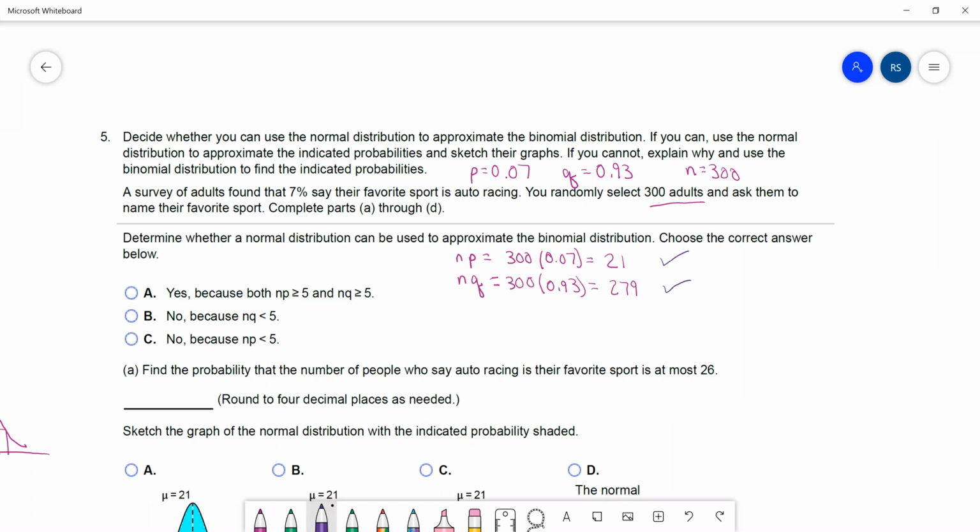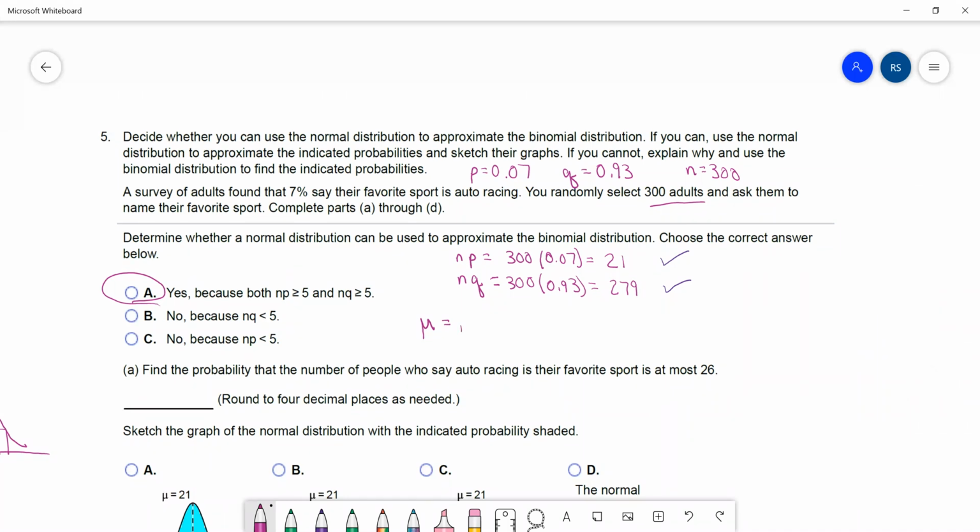You betcha. So can we use a normal approximation here? Yes, because both n times p and n times q are greater than 5. Since we've said yes, now we've got to find our mean and our standard deviation before we can even solve anything.